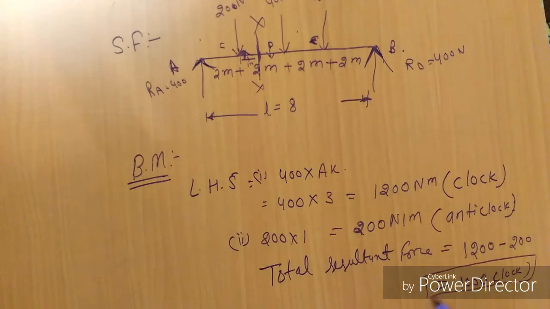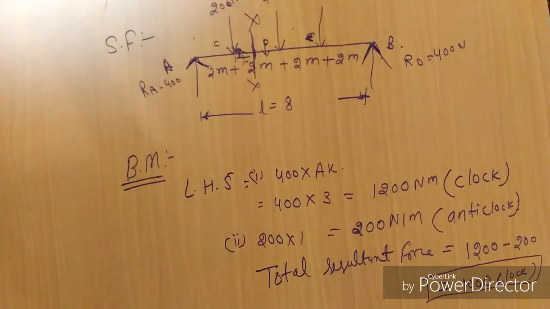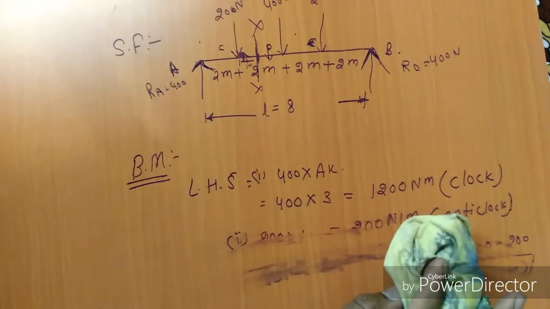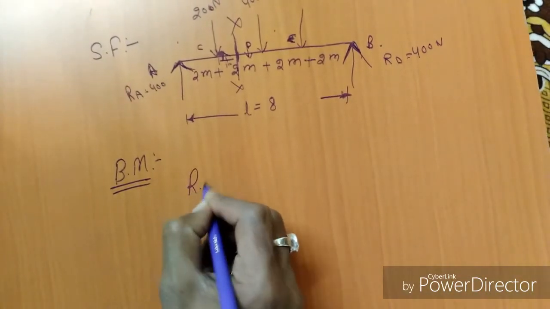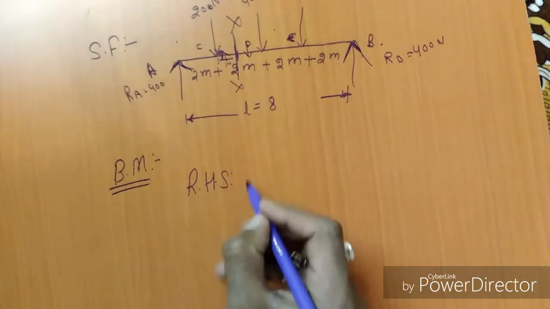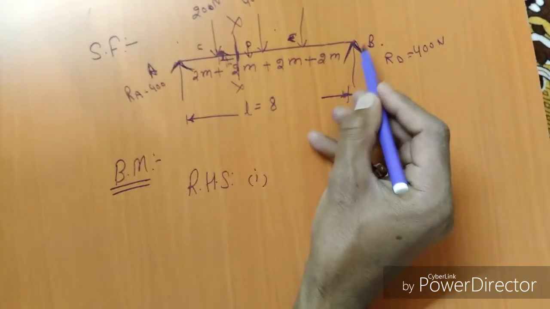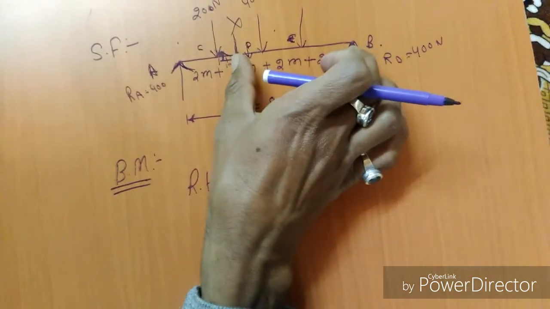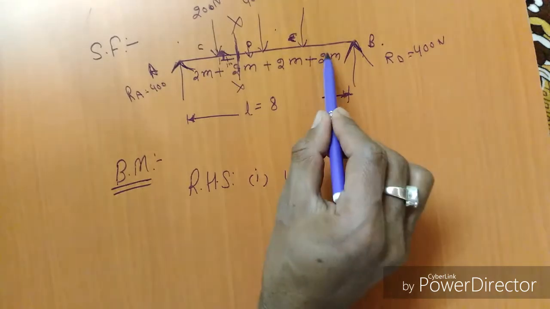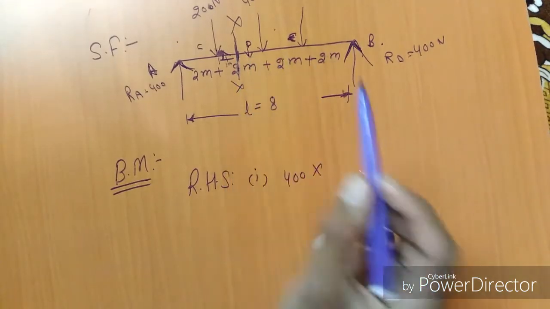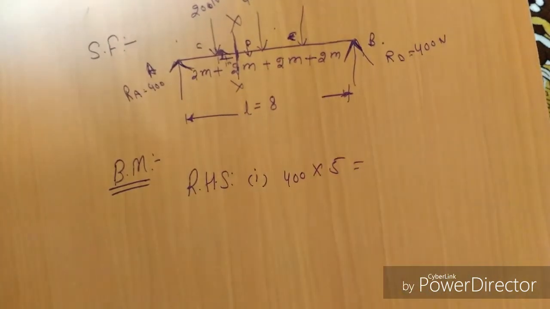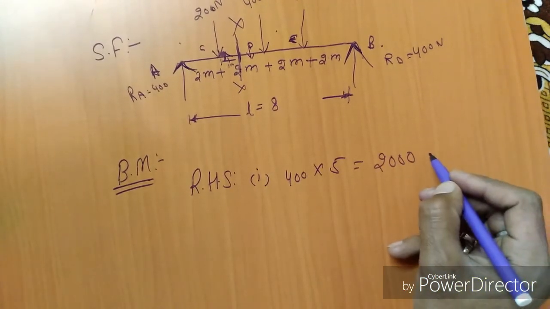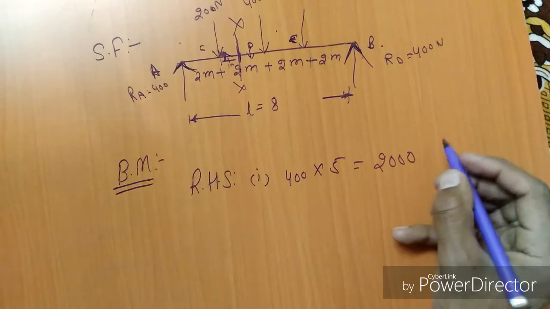Okay, and similarly the right hand side. First, this reaction is 400, this force is 400 into the distance from x. This is 2 meter, this is 2 meter, and this is 1 meter. This is total 5 meter, that is 2000 anti-clockwise.